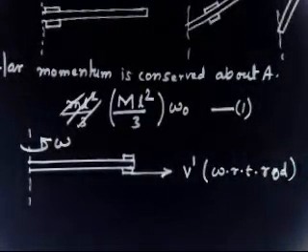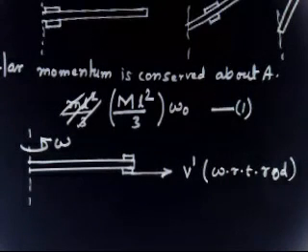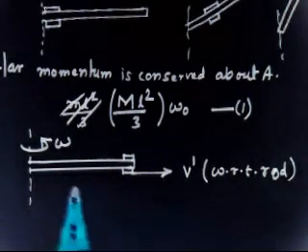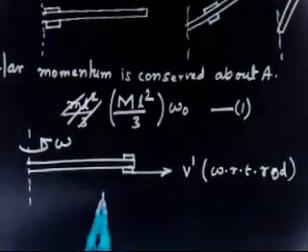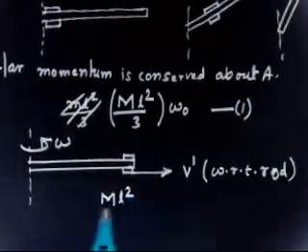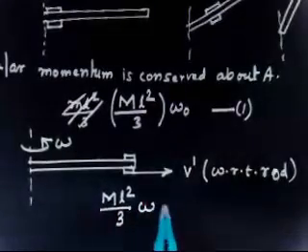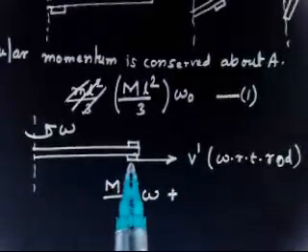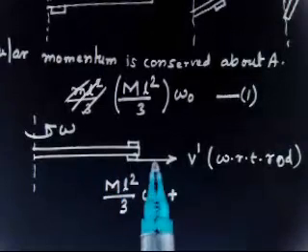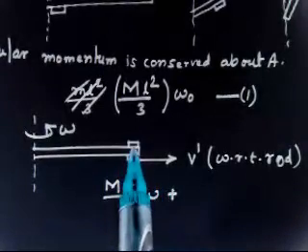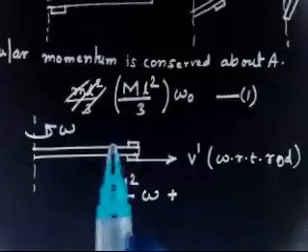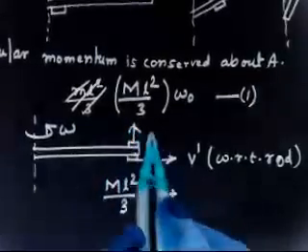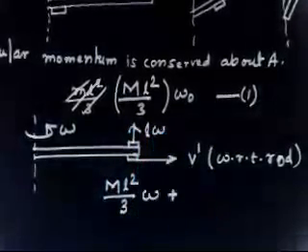Are you getting? So now, what is the total angular momentum this time? Once again, the rod will have angular momentum Ml square by 3 into omega plus this sleeve. Now this sleeve will have two velocities. One velocity is v dash, another velocity is r into omega, and this length is l, so this side will have l into omega.